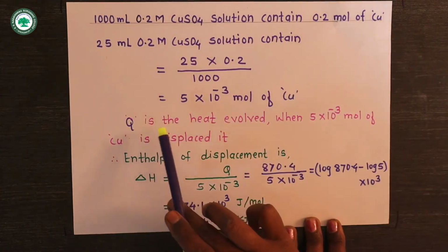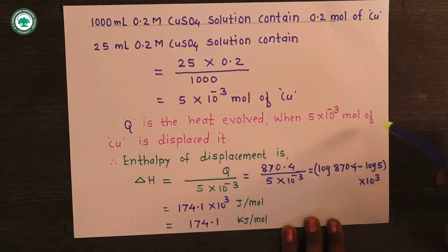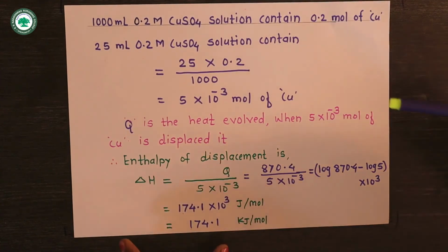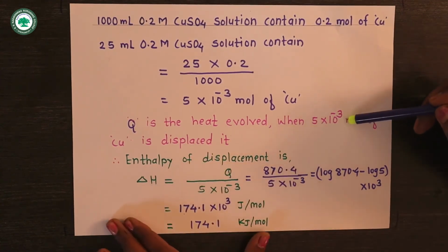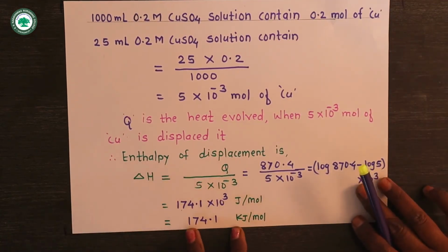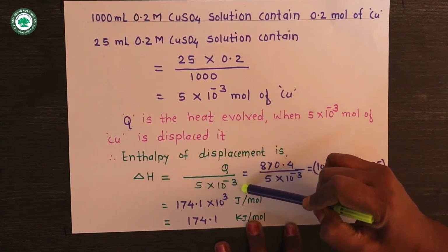Now here Q is the heat evolved when 5 into 10 raised to minus 3 mole of copper is displaced. The enthalpy of displacement is given by delta H, and is equal to Q upon 5 into 10 raised to minus 3.